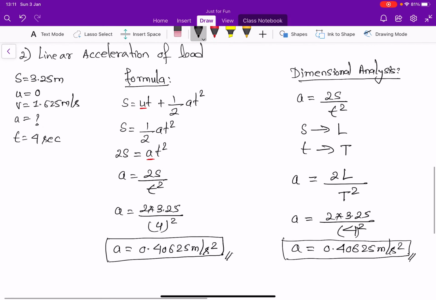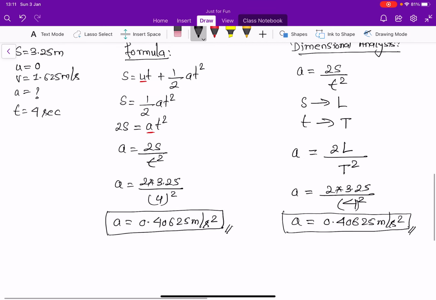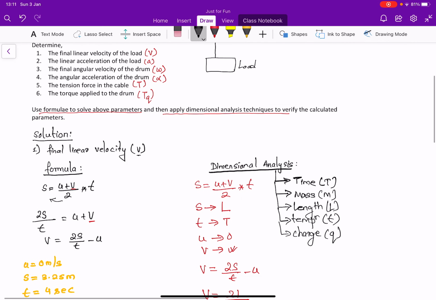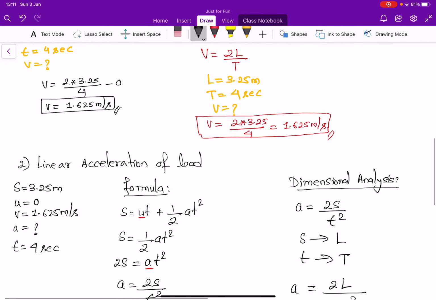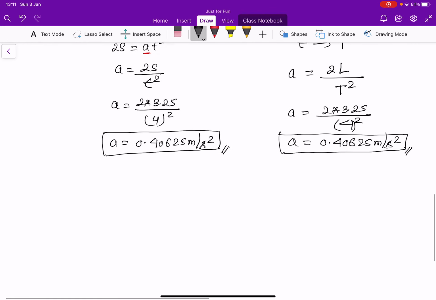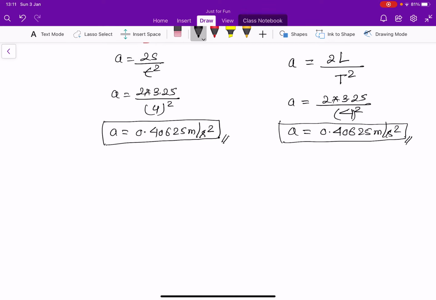Right, now we're going to go to the next one, which is the final angular velocity. Now we are going to the angular side, which is towards the drum, and the third one.